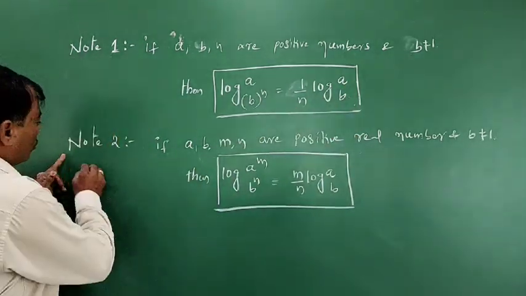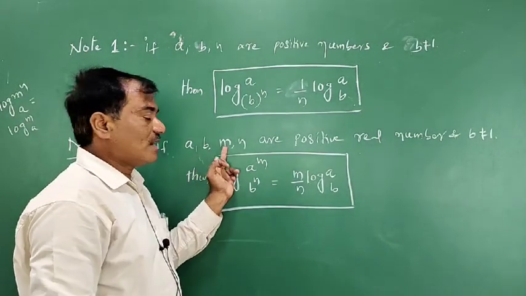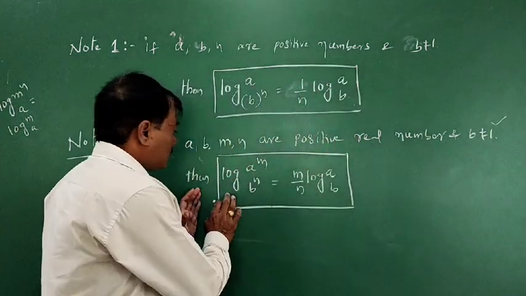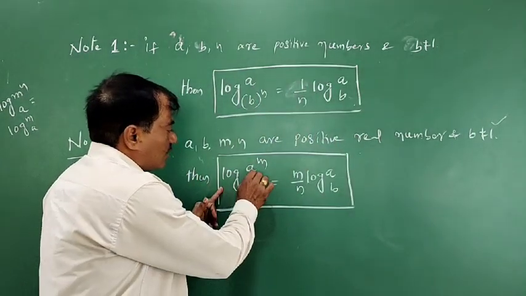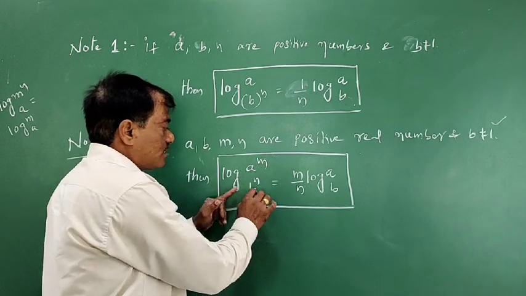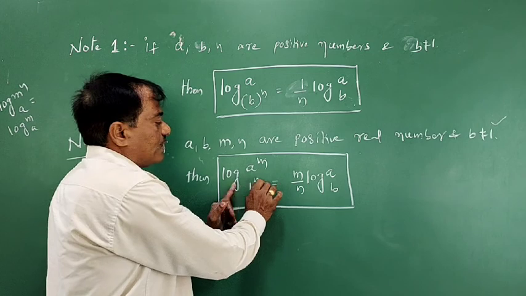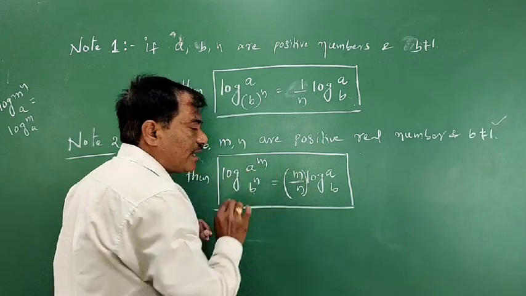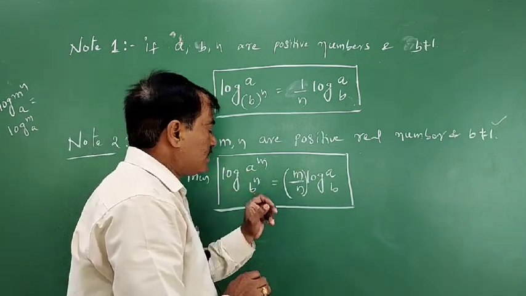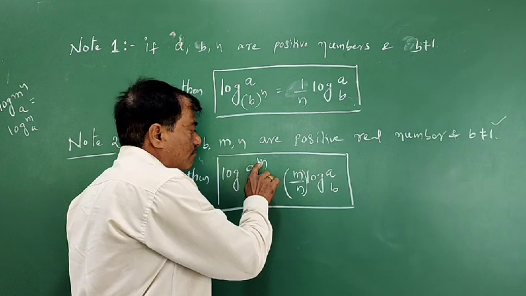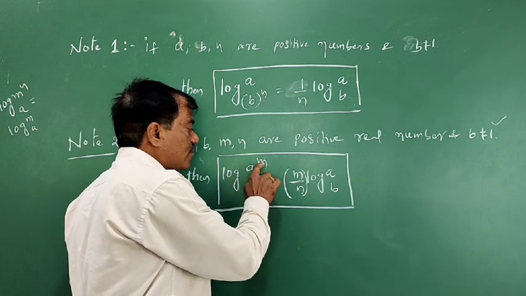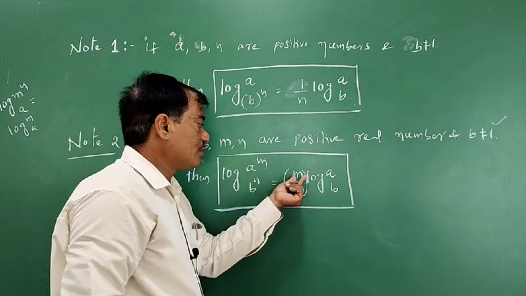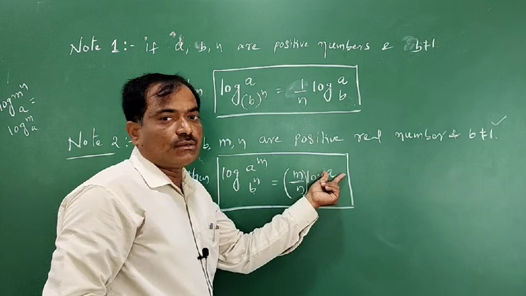Similarly we have one more note. If a, b, m, n are positive real numbers and b is not equal to 1, the logarithm of the form log a to the power of m to the base b to the power of n has the value m by n log a to the base b. Here we multiply by a constant m by n, where the power of a goes in the numerator and the power of b in the denominator.